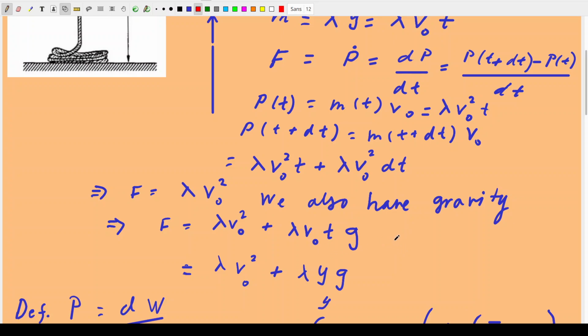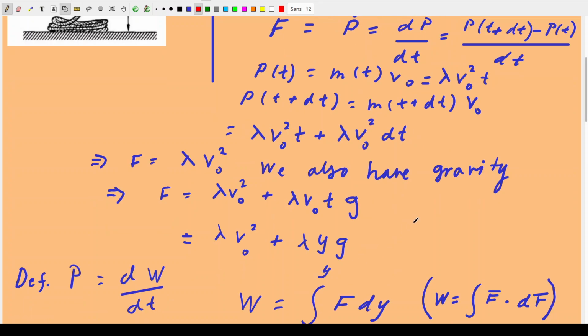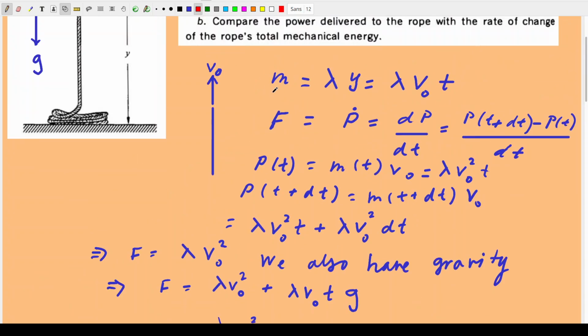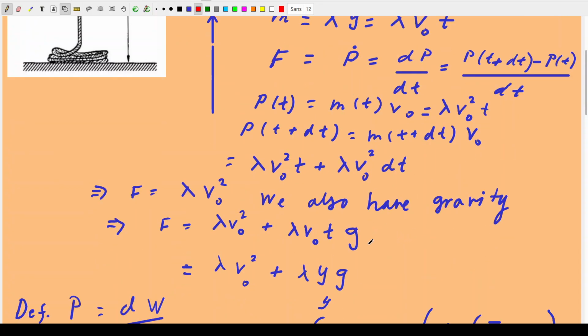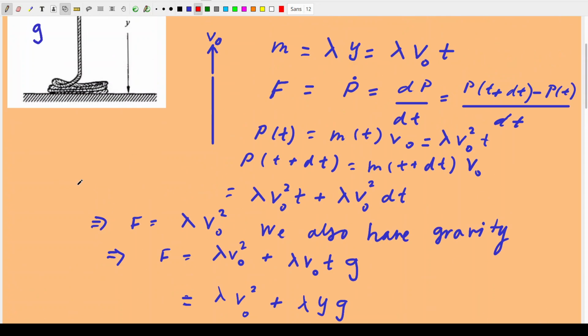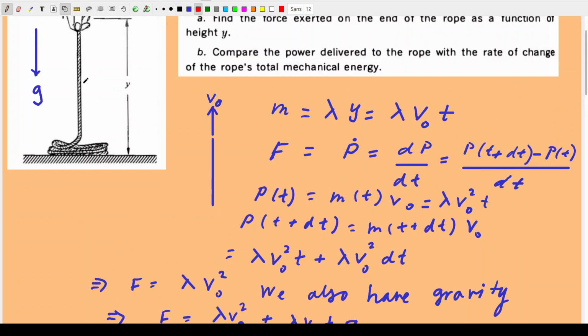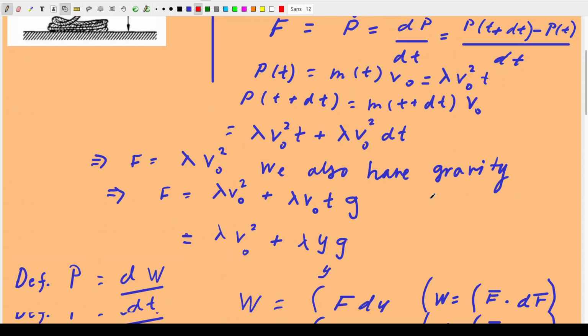And this is actually what I do. There is a mass lambda v naught t, which comes from here, times g. And we think of it as acting here at the center of mass, downwards. And v naught t can be written as y.